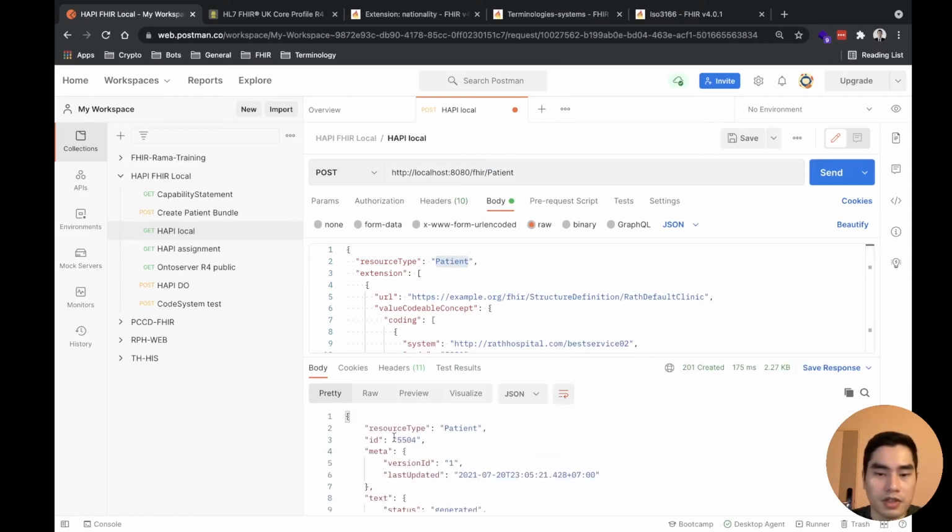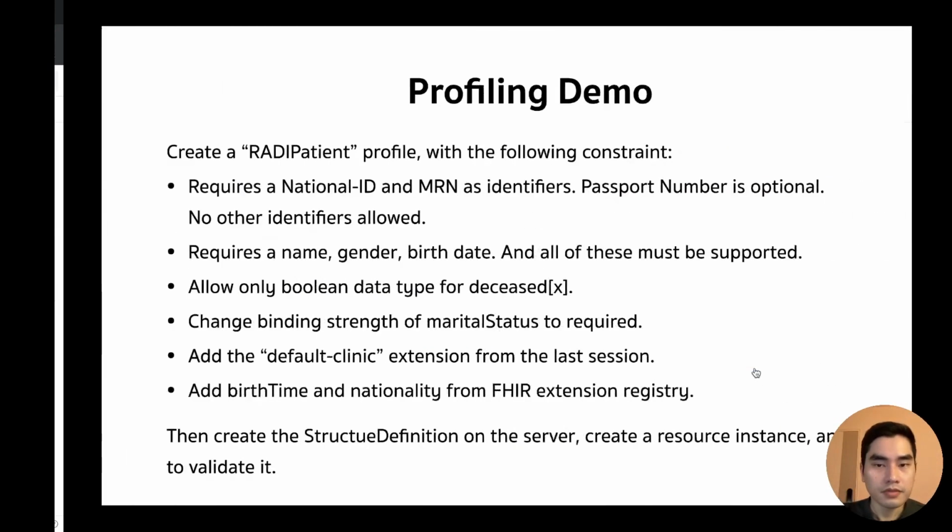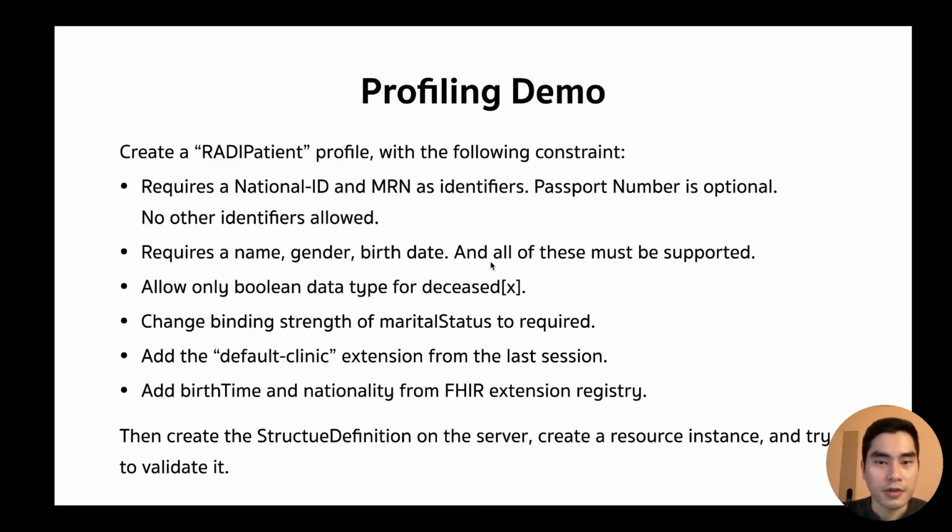I got the new patient created. All right, so that is the demo of how to profile a patient resource, create a resource instance, and send it to a server. Now we will talk about validating.